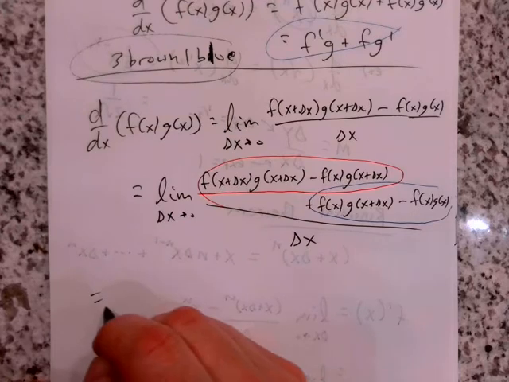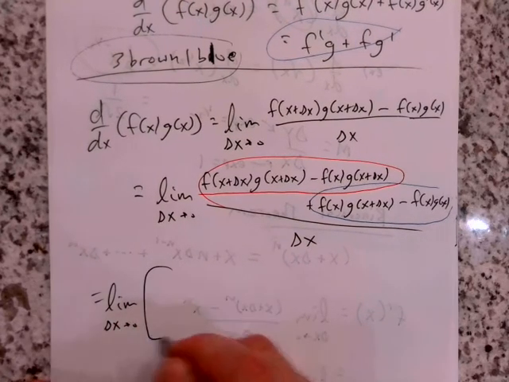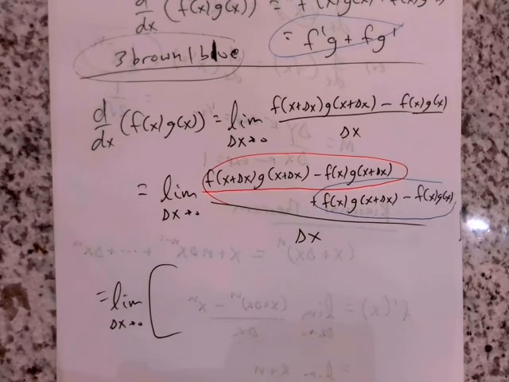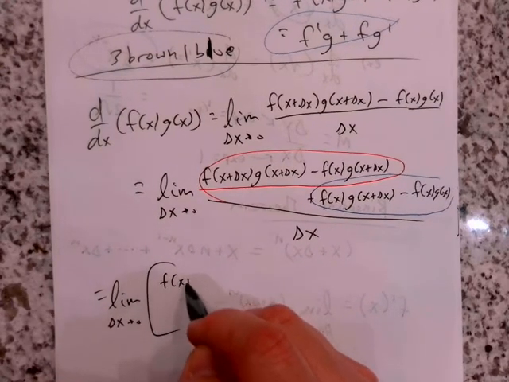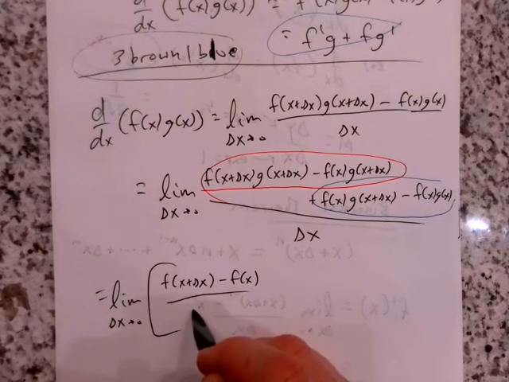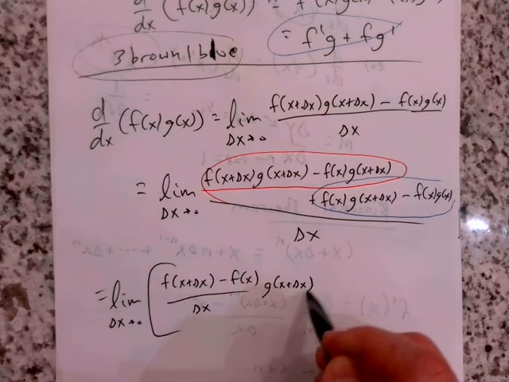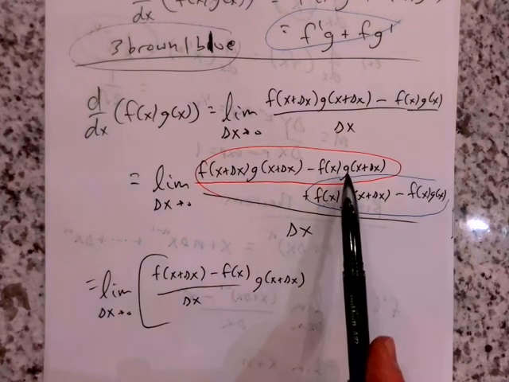So I'm going to put this all into one limit. When we group those first two terms in red, I'm going to factor out a g of x plus delta x. And I'm going to factor that out and write it on the end of the expression.